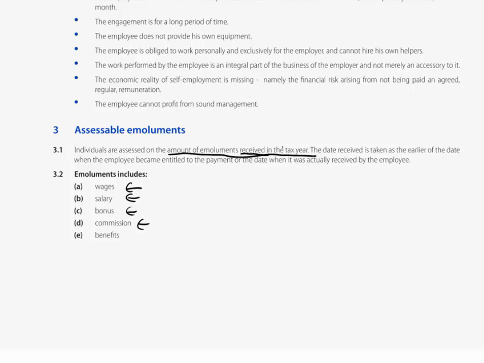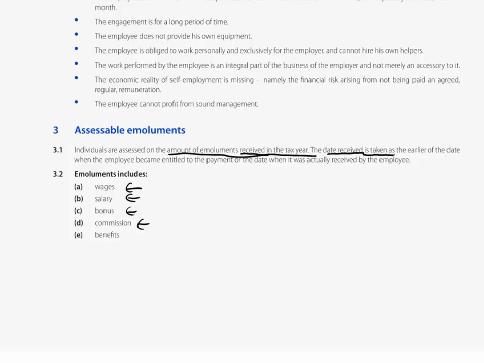For us, of course, we're dealing with our 2015-16 tax year. We will look at what was received between the 6th of April 15 and the 5th of April 16. But there's one further issue. Again, it couldn't be that simple, could it? The date received, you might think that is very obvious: when it was paid to you, when you picked it up in your pay packet, when it is credited to your bank account.